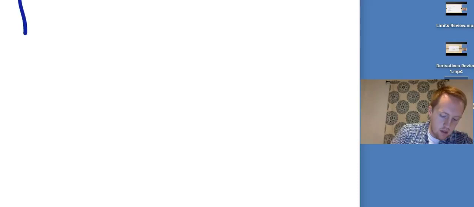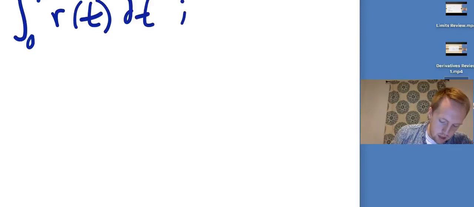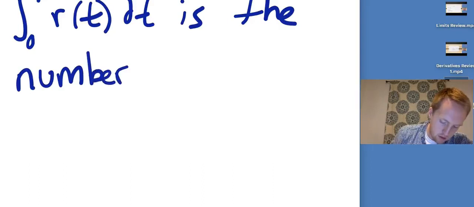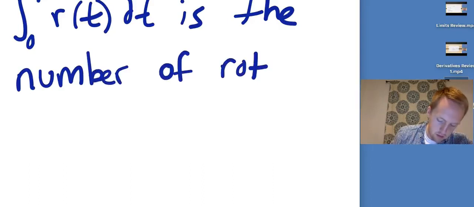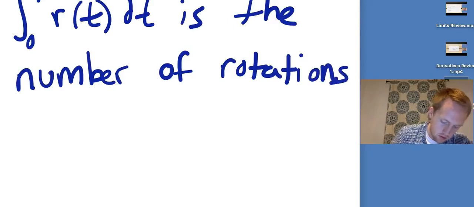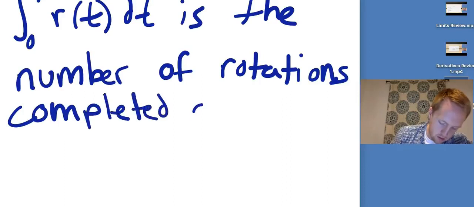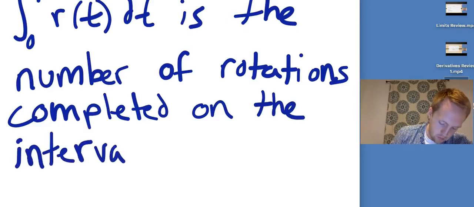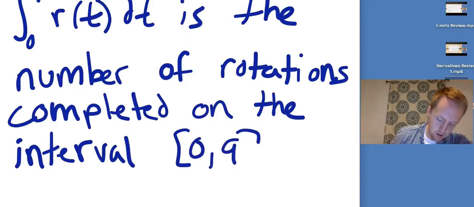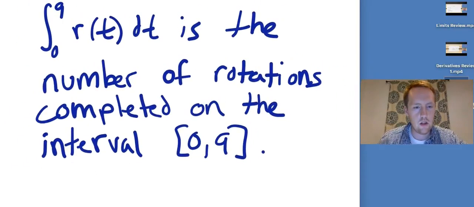The integral from 0 to 9 of r of t dt is the number of rotations completed on the interval 0 to 9. Oh, got a little crazy there. There we go. The integral from 0 to 9 of r of t dt is the number of rotations completed on the interval 0 to 9.